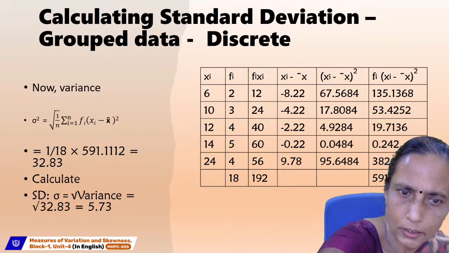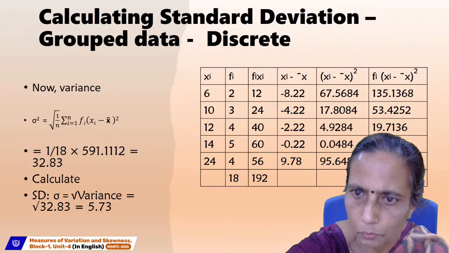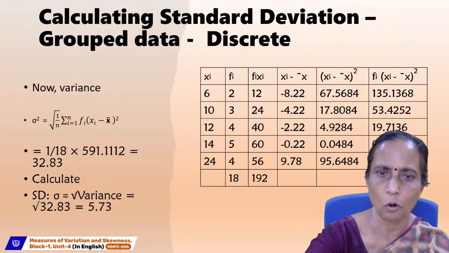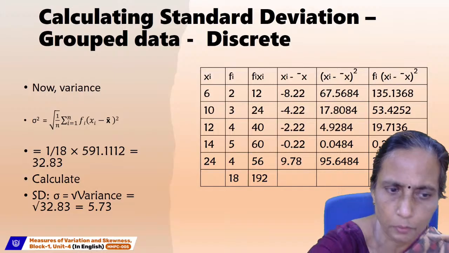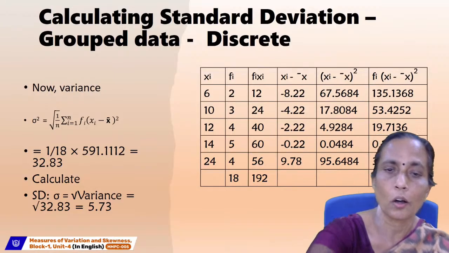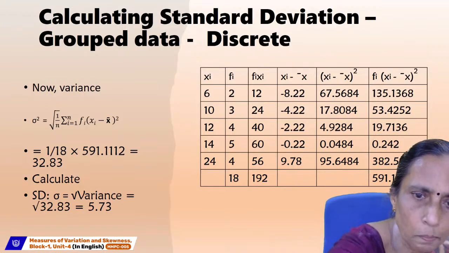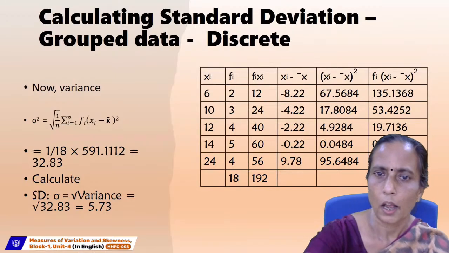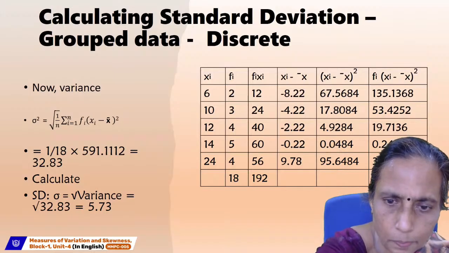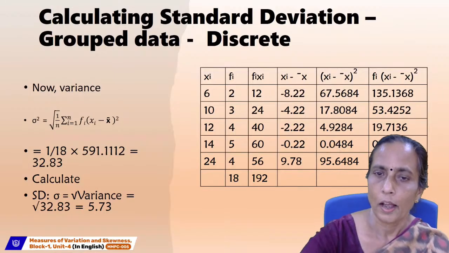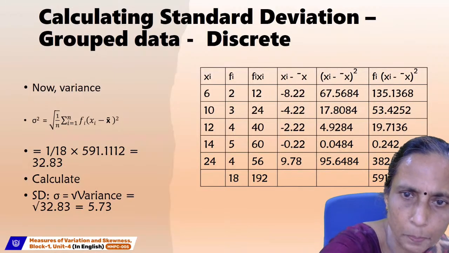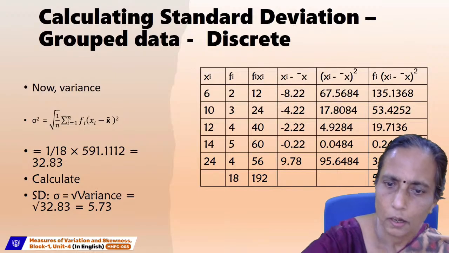We will be making a table with this many columns. In one column, we will have all our individual observations, or this may be the midpoint of the class intervals. And this is the frequency of that particular class.